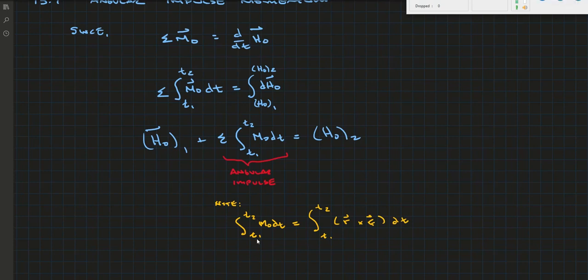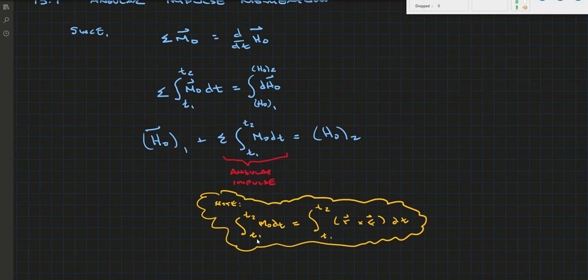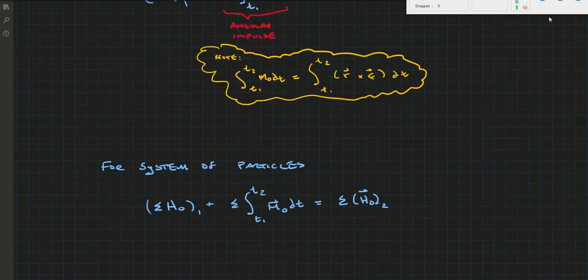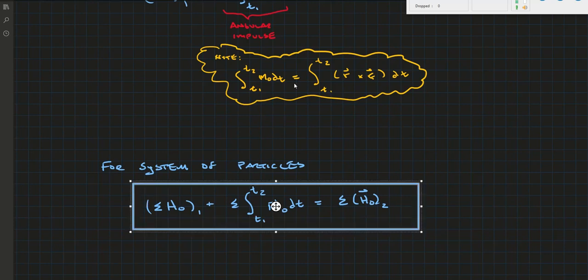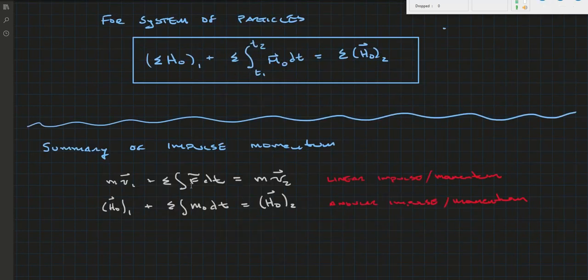Note that the integral of our moment about O is just the integral of r cross F, the vector that results there. And for a system of particles, we just have this relationship. Then in summary, we have these two equations. The top is the linear impulse momentum, and the bottom is the angular impulse momentum.